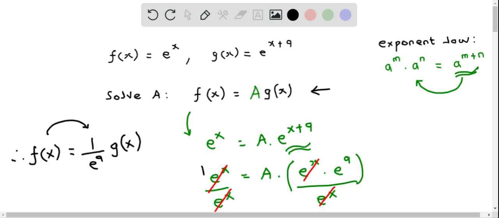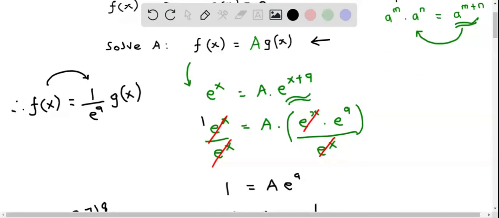Clearly, if you look at this equation, we see that f of x is dependent on g of x. That is, f of x equals some constant, 1 over e power 9, multiple of g of x. So therefore, we can see that both f of x and g of x are linearly dependent.